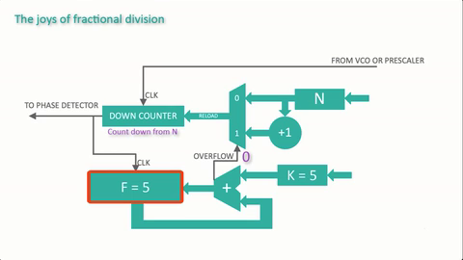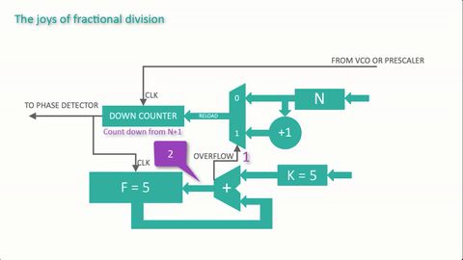But notice this: immediately, because the adder is completely combinatorial, both inputs of the adder contain the value 5, and 5 plus 5 is 10. But for this example, we have only a 3-bit adder. Instead of 10, the output becomes 2, and overflow is set. With overflow set, N plus 1 is selected as the reload value.